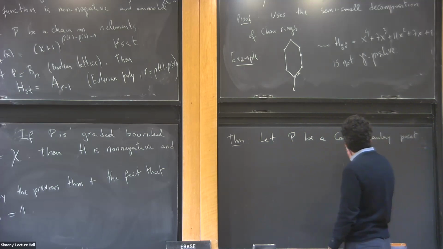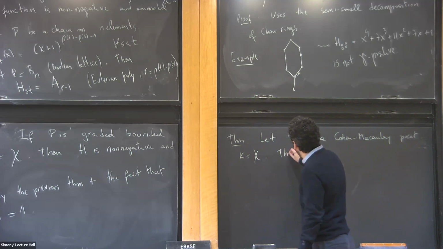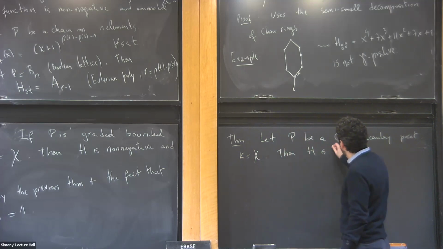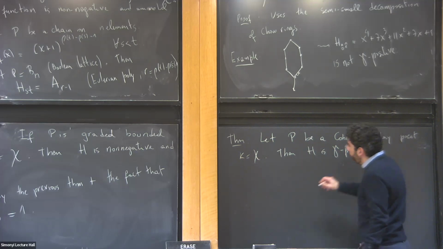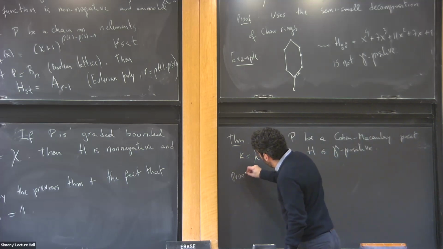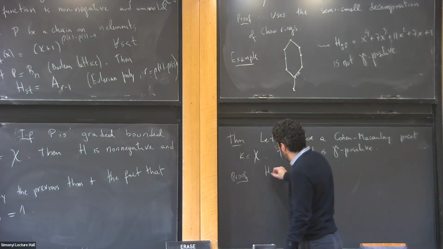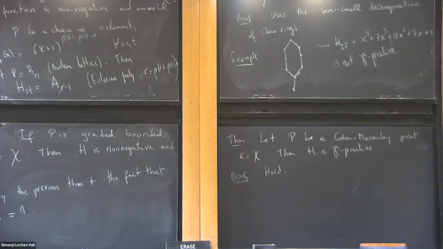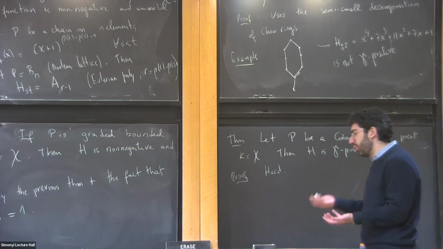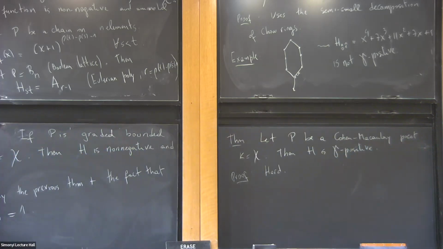If you have a Cohen-Macaulay poset and kappa equals chi, then H is gamma positive. And the proof is elementary but hard. Hard because you want to prove that some quantity is positive, but it involves lots of alternating polynomials. So you have to expect that some miraculous cancellation happens, and it does.